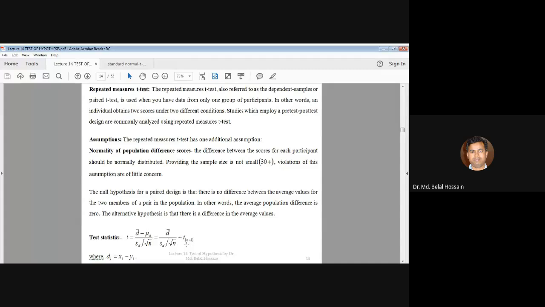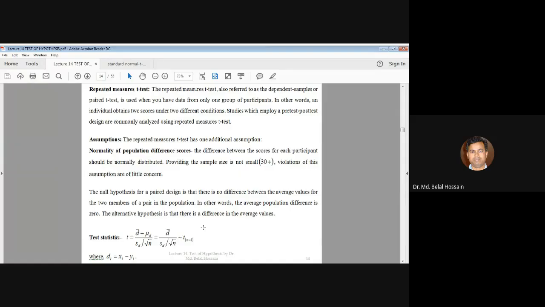If our t calculated value is greater than the t alpha value, that is the t tabulated value, considering t can be negative, we take the absolute value of these two, the t calculated absolute value and the t tabulated absolute value, then the comparison should be easier. In many books you will see that they are taking decisions with the sign, and it will make your life a bit complicated.